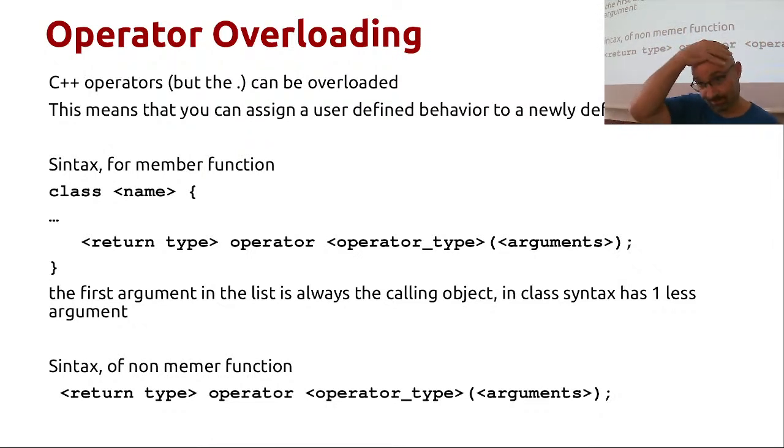All right, so as I said, in C++ you can redefine operators, which means you can change the behavior of an operator when applied to variables or expressions of a certain type. What do you need to do to override something in general?